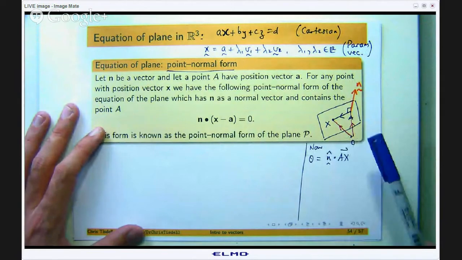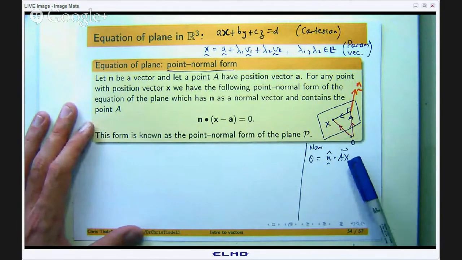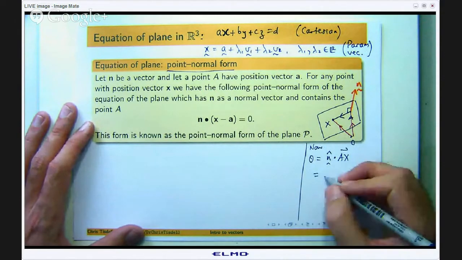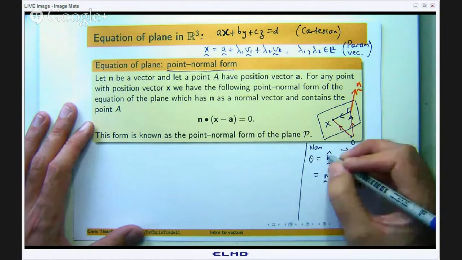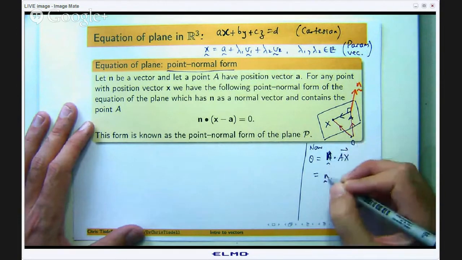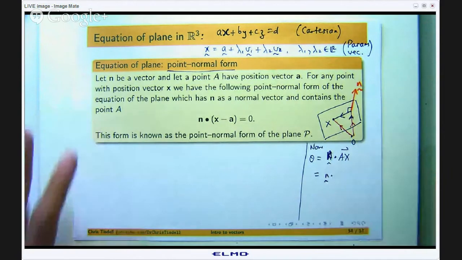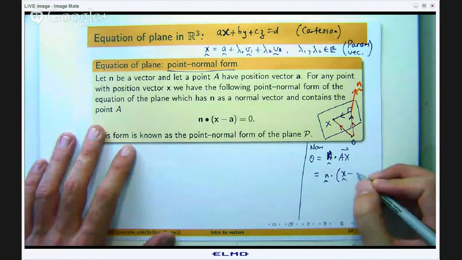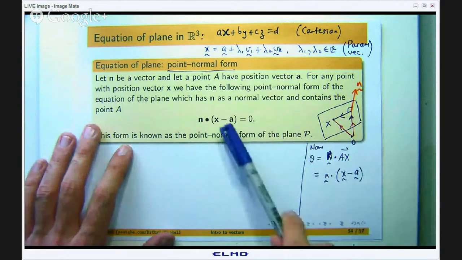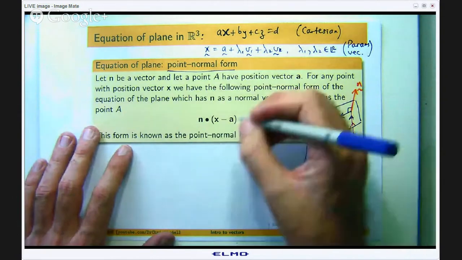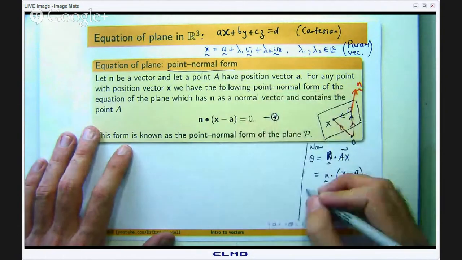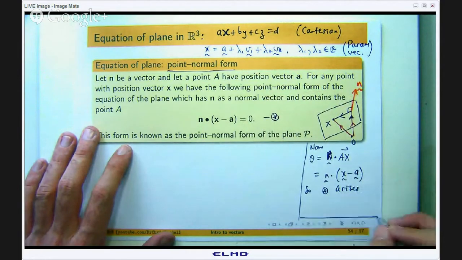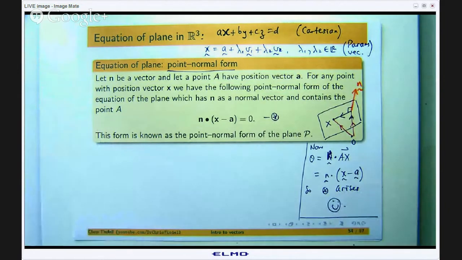Right, so just by the triangle law of addition, the vector AX is just the position vector of X minus the position vector of A. Oops, sorry, I put in a hat there, that shouldn't be a hat. So it's just the position vector of X minus the position vector of A, and so we get this. So star arises.